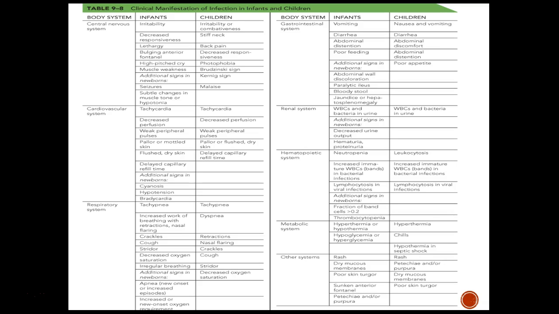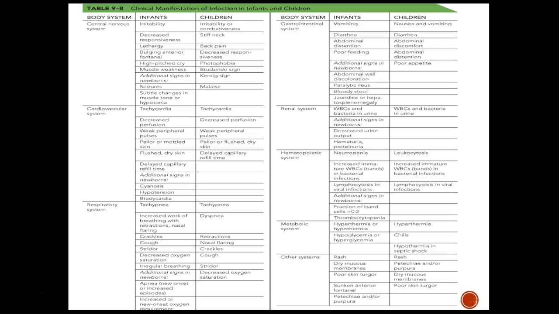In terms of the cardiovascular system, for both infants and children, you may see pallor, but in infants, it's typical for you to see mottled skin, and in children, you might see flushed or dry skin. For infants, some additional signs would be cyanosis, hypotension, and bradycardia.